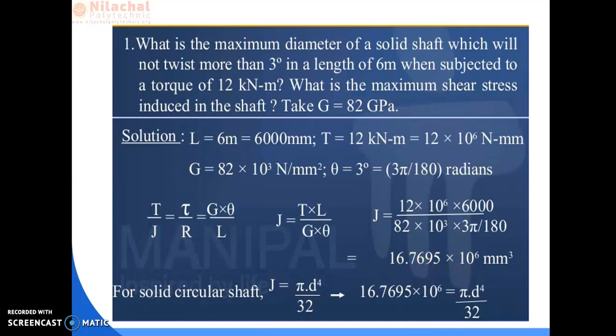From this polar modulus, we can find out the value of diameter. So, for a solid circular shaft, polar moment of inertia J is equal to pi d to the power 4 divided by 32. That is equal to what we already obtained, 16.7695 into 10 to the power 6 mm to the power 4. Now, d to the power 4 is 32 into 16.7695 into 10 to the power 6 divided by pi.